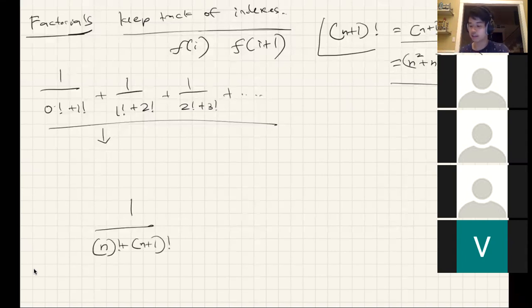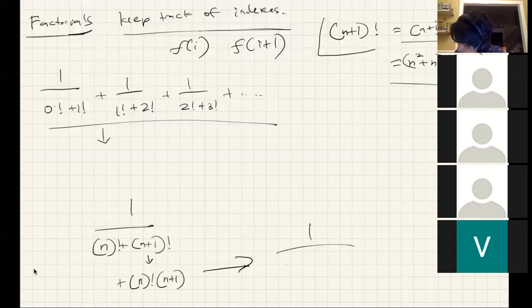The key to realizing this is that you write n plus 1 factorial as n factorial plus n plus 1 times n plus 1, right? So now you can factor the denominator. Now I can factor it like this, okay?